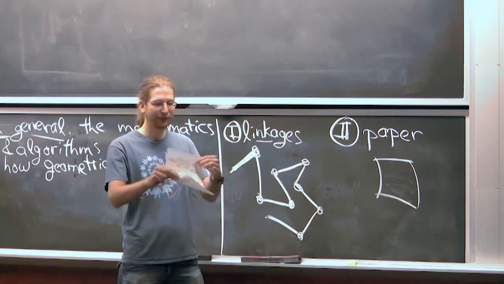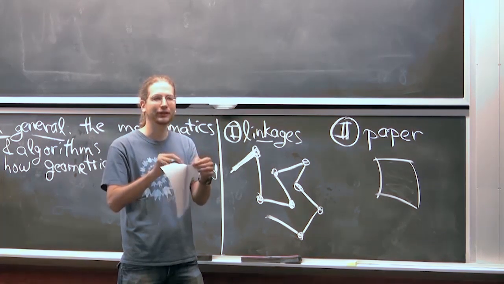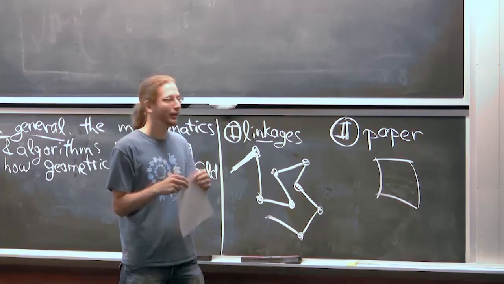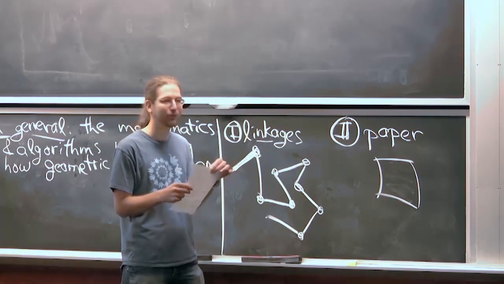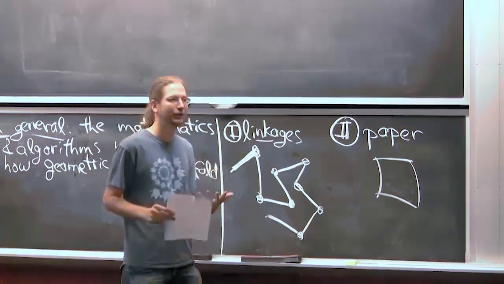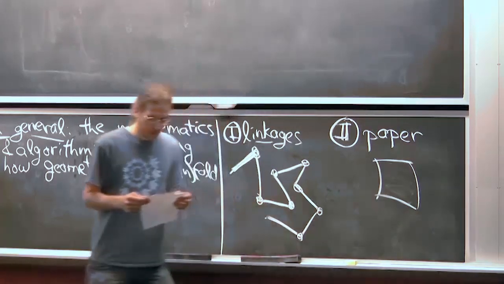It can't collide with itself, and you can't tear the paper. You're not allowed to cut it, because that tends to make things too easy. So the mathematically pure version and also the modern origami pure version is that you're not allowed to cut your piece of paper. So just folding, no stretching, no crossing.